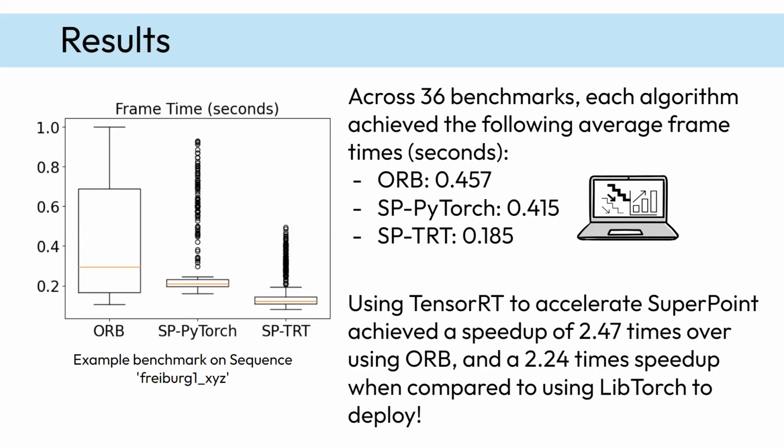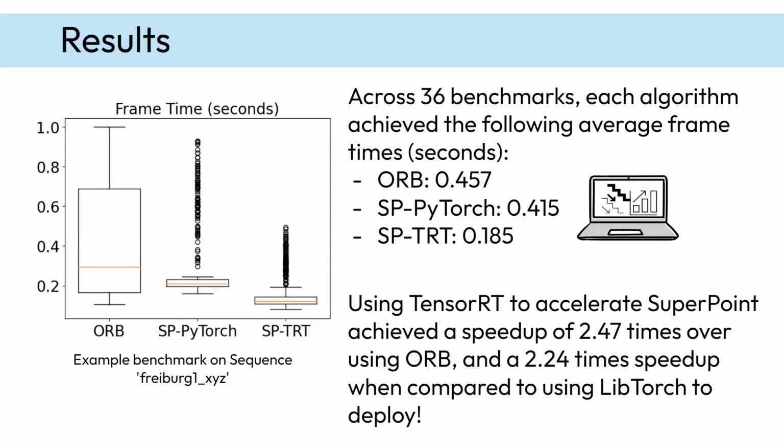However, the most substantial performance gain is observed with SuperPoint TensorRT, which achieved a 2.47 times speedup when compared to ORB, and a 2.24 times speedup when compared to SuperPoint PyTorch.